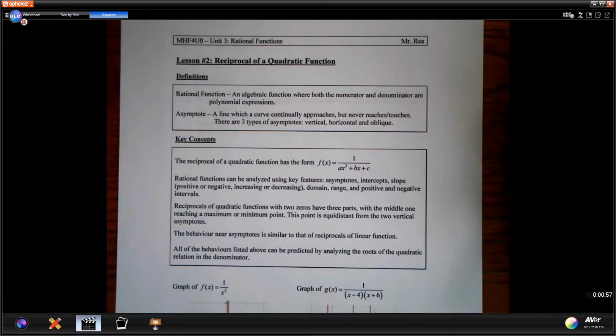One of the things we found when we looked at those types of rational functions is that they had a vertical asymptote and a horizontal asymptote, which was always at y equals 0.